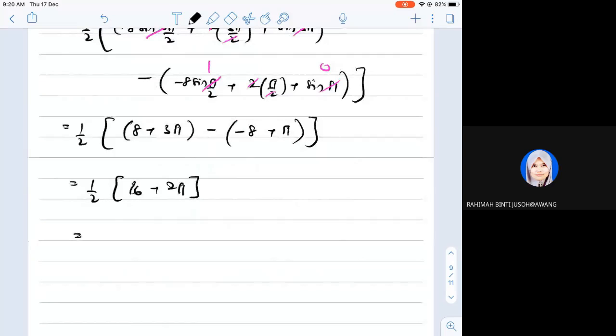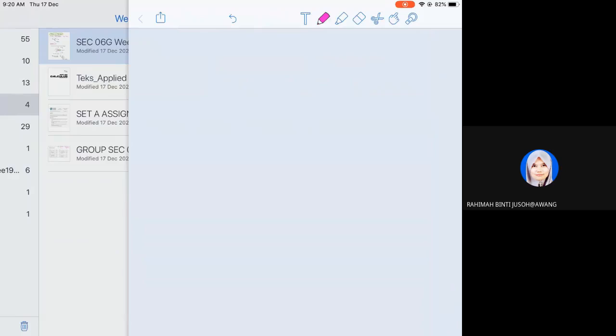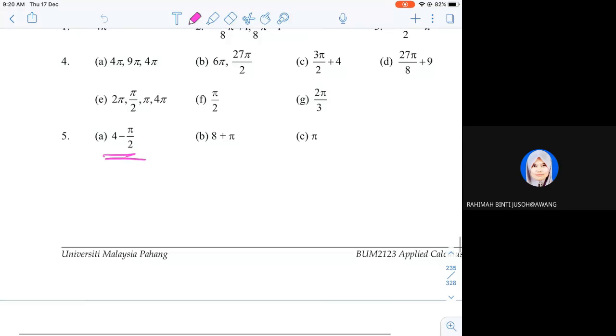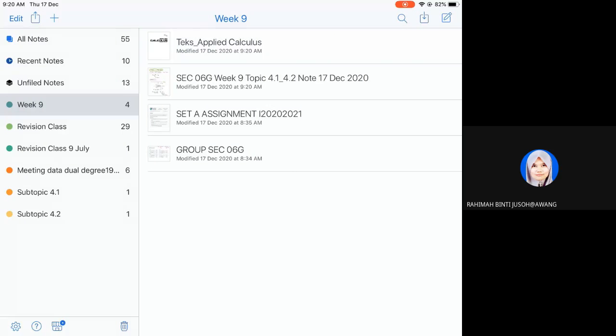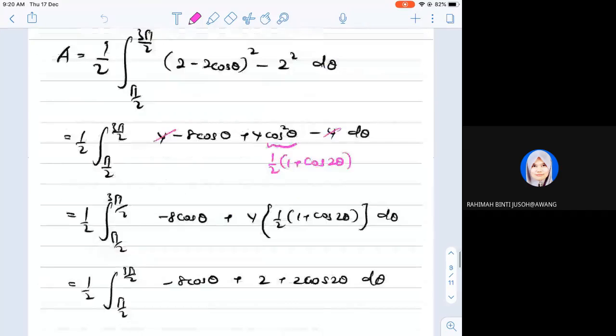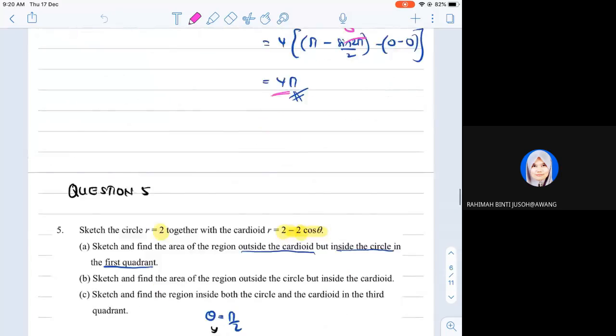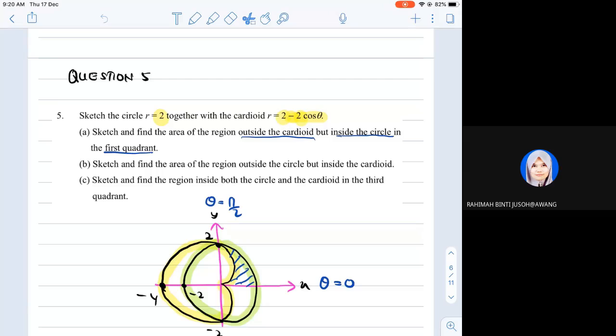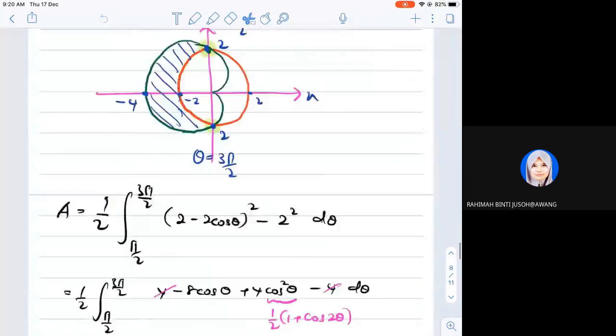So dividing by half, 8 plus pi. Isn't it? What's the answer? 8 plus pi, yes, okay. Do you understand, guys? Do you understand? Question B.